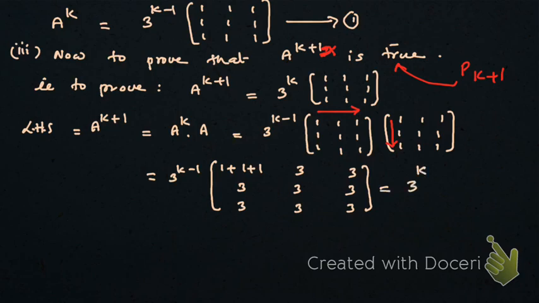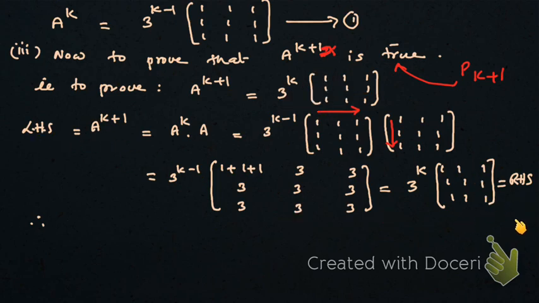So this matrix gives me a common factor of 3, which comes out. You have 3 raised to k minus 1 outside into another 3. 3 raised to k minus 1 into 3 raised to 1 makes it 3 raised to k. And then I have only the balance 1, 1, 1, 1, 1, 1, which is what I was supposed to get on the right side.